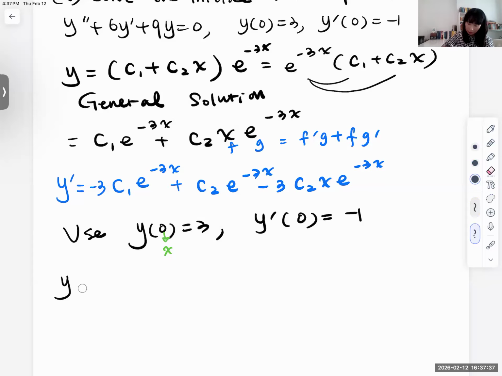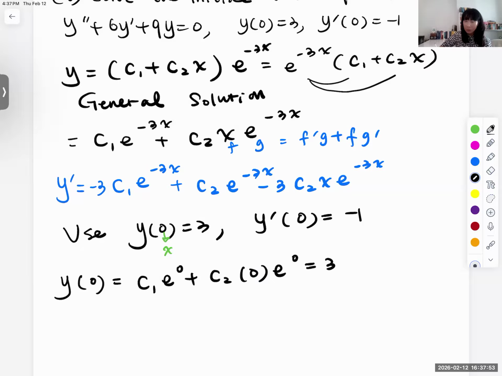So I have 0 equal to c sub 1 e to the 0 plus c sub 2 times 0 e to the 0 equal to 3, right? Okay, so easy. C sub 1 equal to 3, yeah?